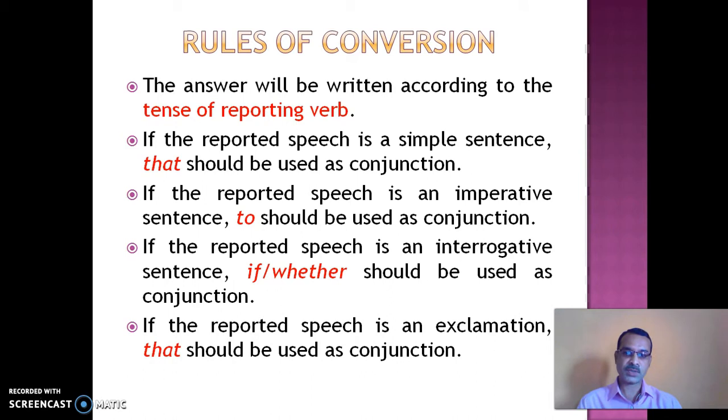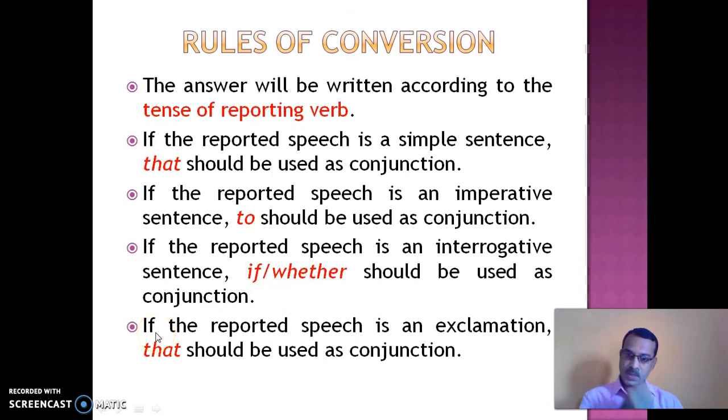It starts with the verb, so it becomes an imperative sentence. To connect that type of sentence to the reporting verb, we should use the conjunction "to". Next, if the reported speech is an interrogative sentence, in that case we use either "if" or "whether" as the conjunction of that type of sentence.